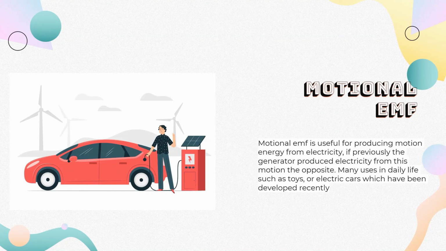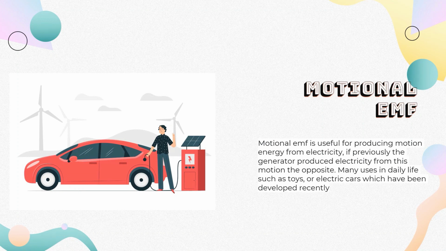And the last is about motional EMF. Motional EMF is useful for producing motion energy from electricity. Previously the generator produced electricity from an energy source, and this motion is the opposite. It has many uses in daily life, such as toys or electric cars, which have been developed recently.